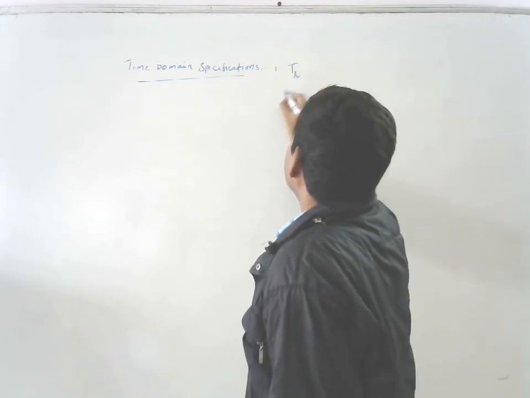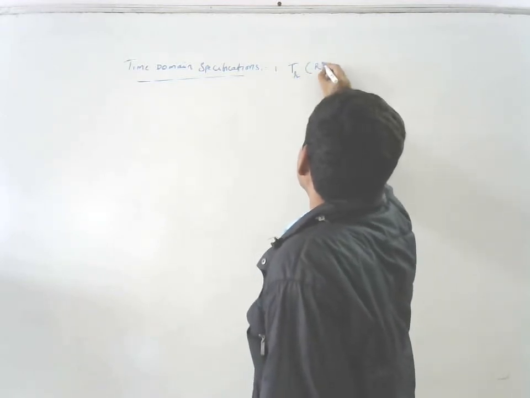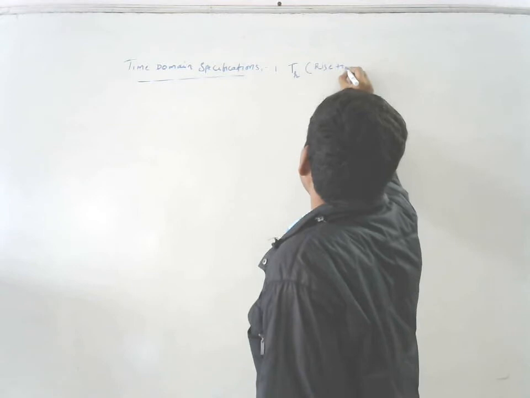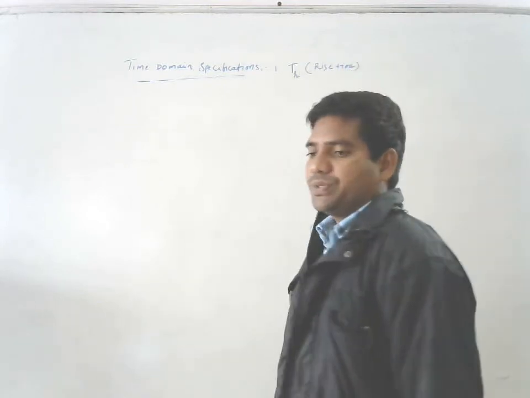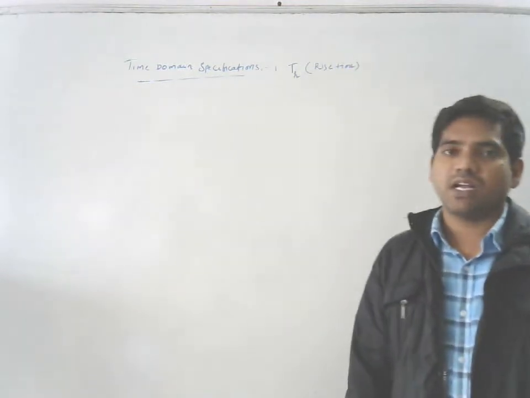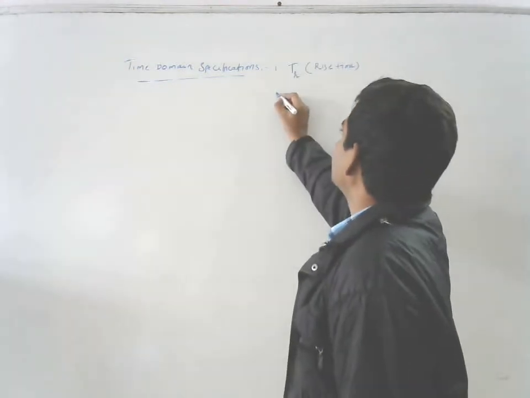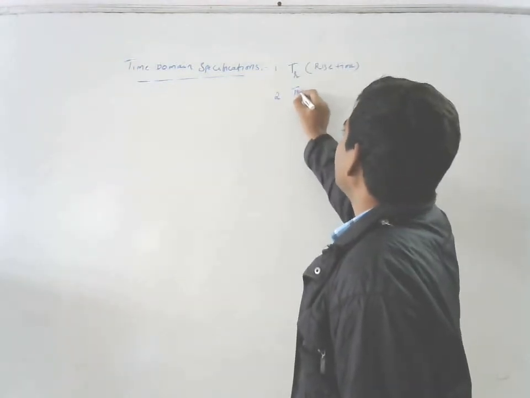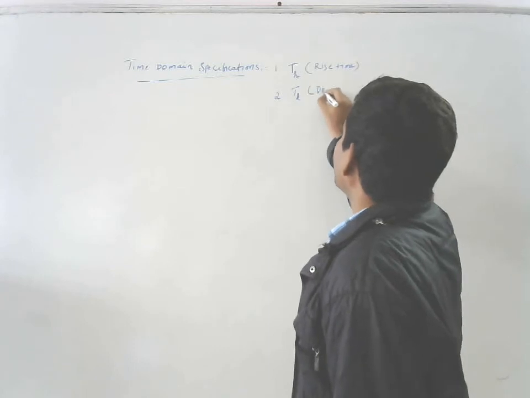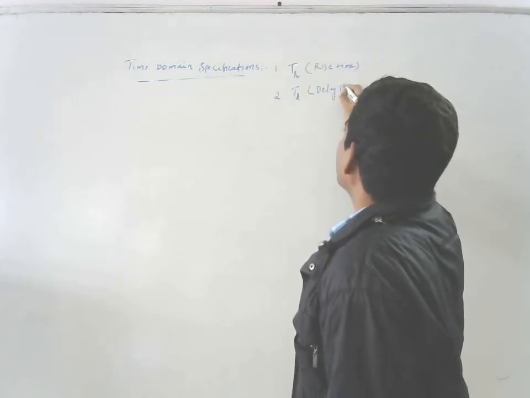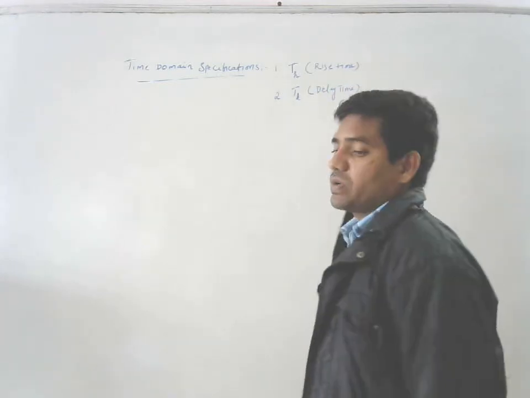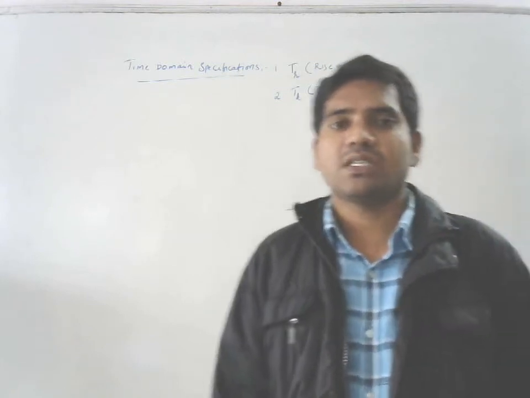Rise time is the time taken to reach 0 to 100% of its final value, or 0 to 90% of its final value. Second one is TD, delay time, the time taken to reach 0 to 50% of its final value.